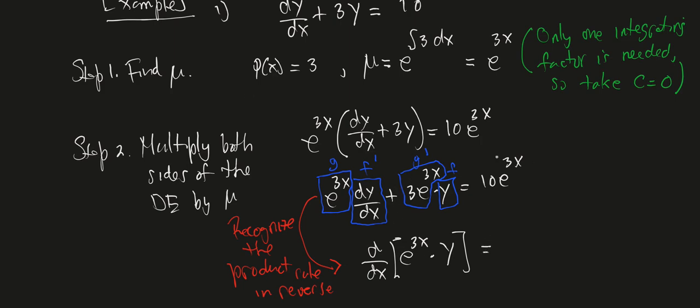So these two are telling me the same thing. I haven't done anything to change the right-hand side. That comes down as well, so it looks like that. Now that we've combined these two terms into one term, that term does involve a derivative. If I want to isolate y, then I'm going to have to find an antiderivative of both sides.